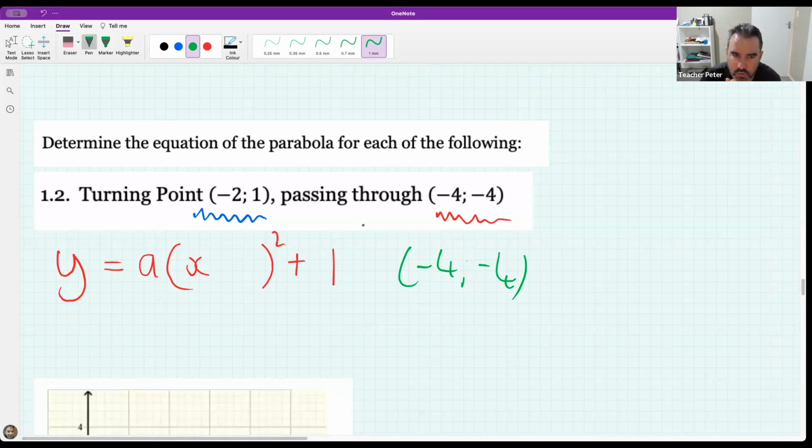So what is going to go next to the x? Yeah, it's going to be that. Okay, what's my a value going to be? That's the next little question.